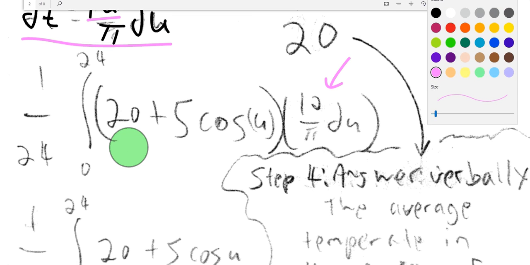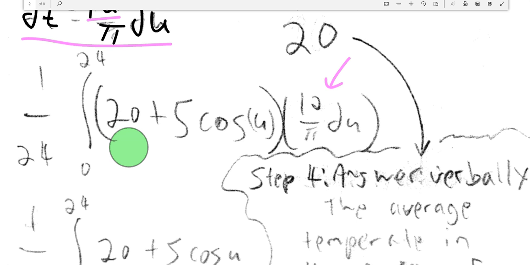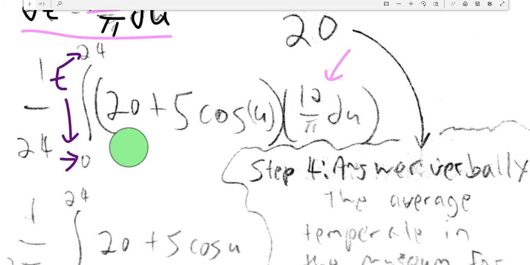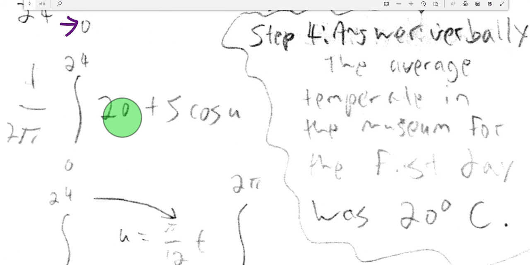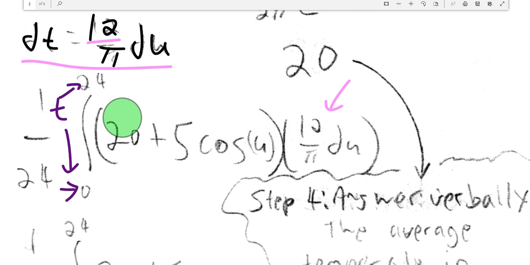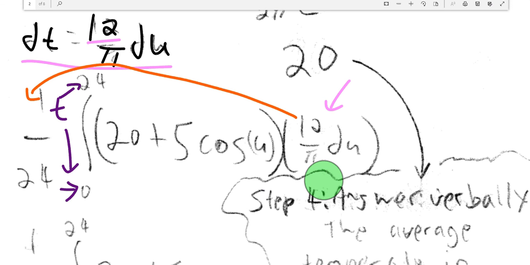Now, if you've followed along correctly in the flow of calculus, you know that these limits have to be changed because they're in terms of t. They need to be in terms of u. So we do a little fishy, I like to call it, right? Before we do that, actually, this 12 over pi, we can basically move all the way to the front of the integral, okay?